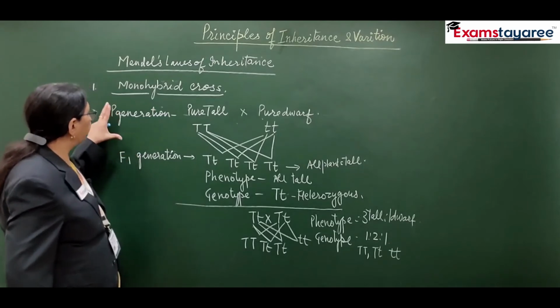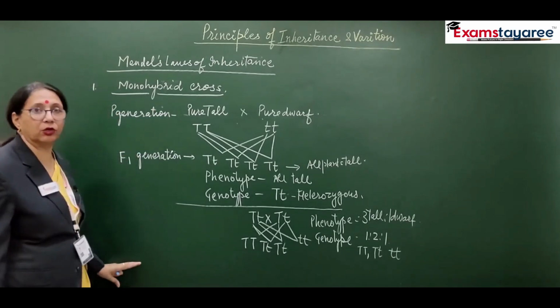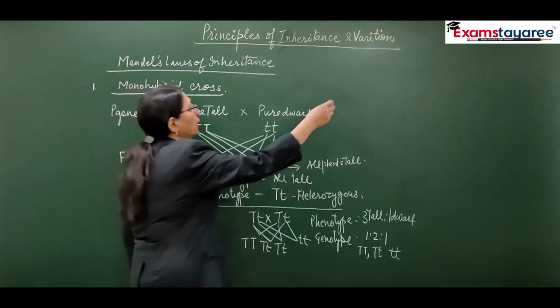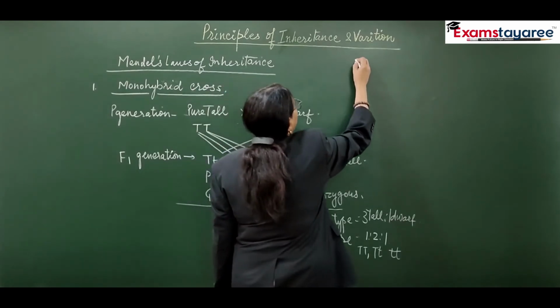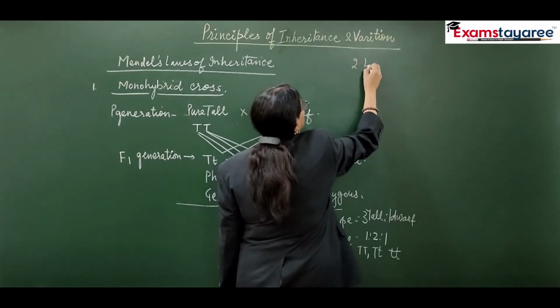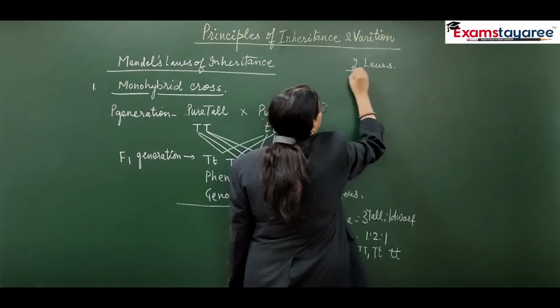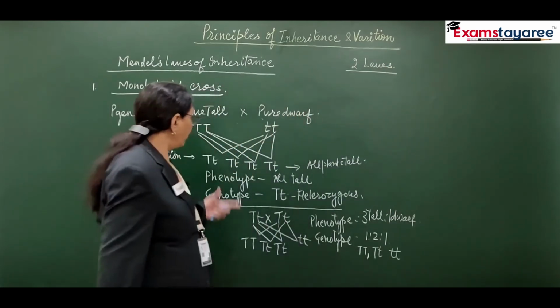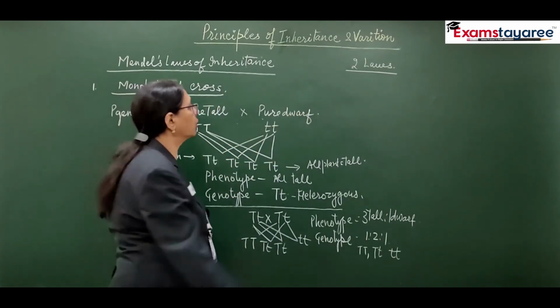So, out of this monohybrid cross, he reached a conclusion and formulated 2 laws. Out of 3, the two laws were formed on the basis of monohybrid cross.